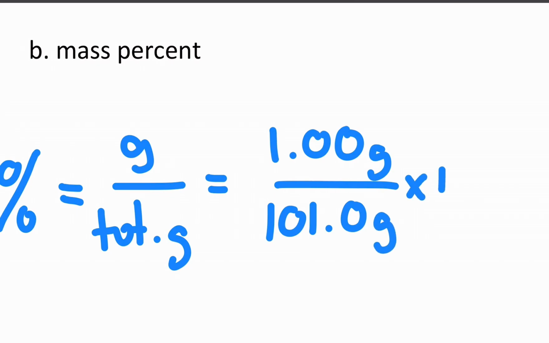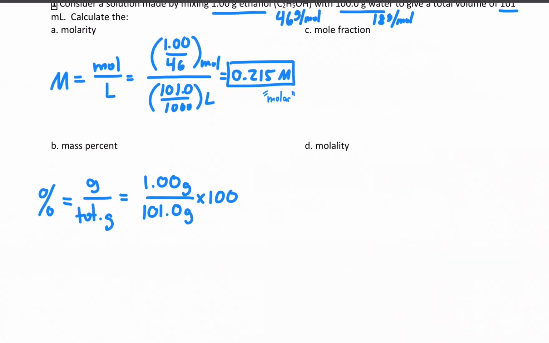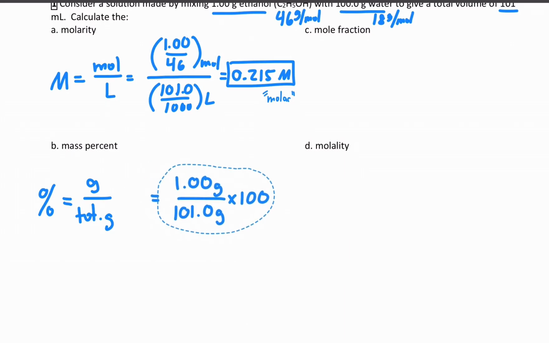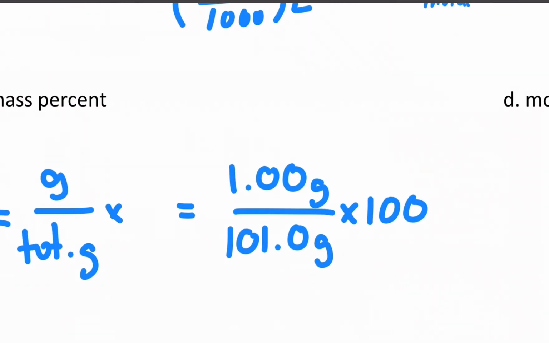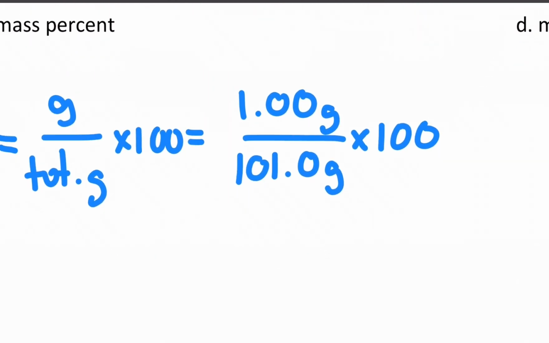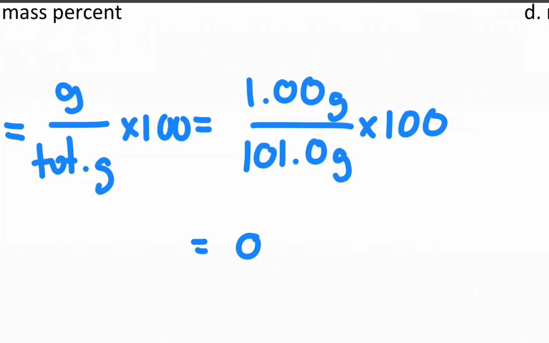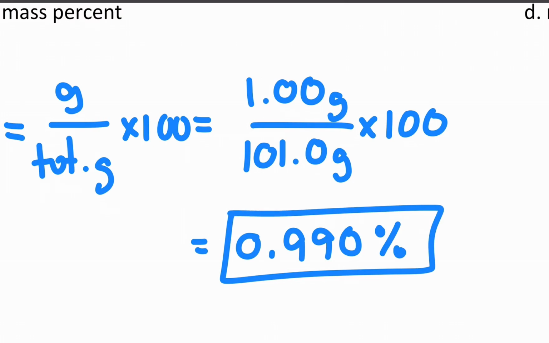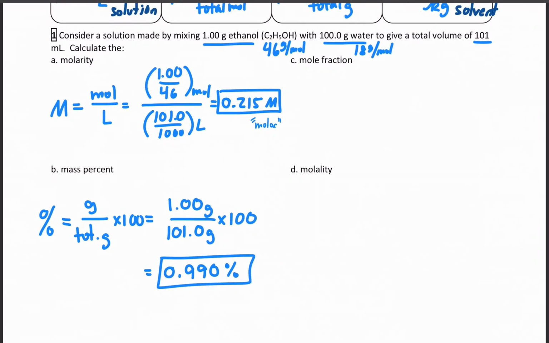And then don't forget to multiply by 100. Almost forgot that in the main formula, so let me put that in there. And then this looks like it's going to be just shy of 1%, and indeed it is. If I follow my sig figs, it looks like I'd have 3. So I get 0.990%.